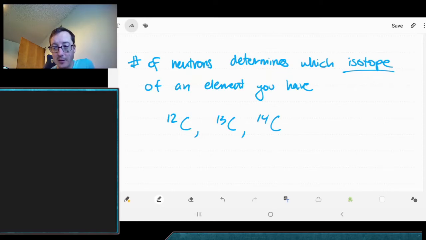And so we know positive charges repel each other, right? They don't want to be next to each other.